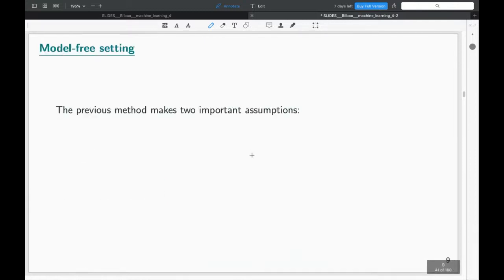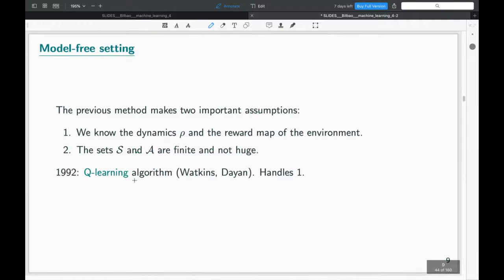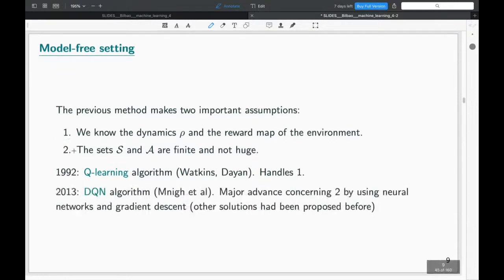But these are rather big assumptions. As I said, it's assuming that we know how the model works, which is a big assumption, and that S and A, these sets, are finite and not huge. So what happens when we don't have either of these assumptions? There's a classic algorithm called the Q-learning algorithm from 1992, which, as I understand, was a breakthrough, that handles the removal of assumption 1.